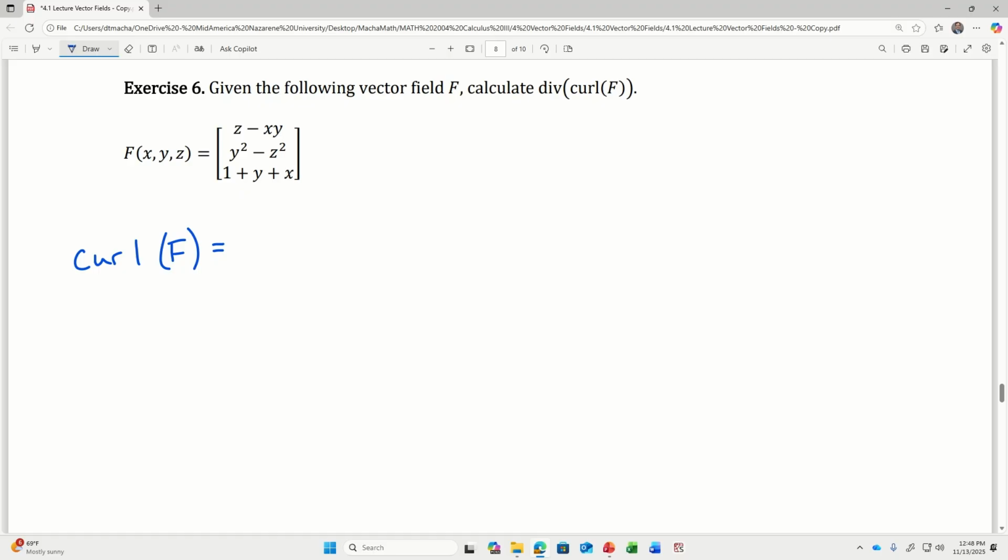And the curl is going to be a 3D vector. And it's going to involve some partials.